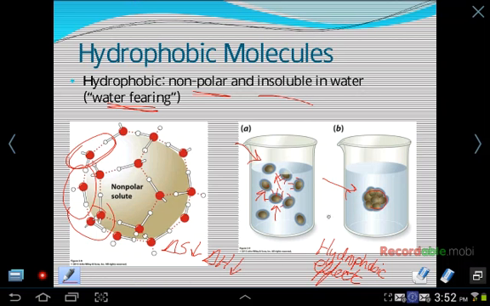So now we've increased the entropy because we've released some of these bound waters back into the bulk solution that were at these interfaces. And we've also increased our favorable interactions because now we have favorable van der Waals interactions occurring at the aggregate's surface, or in the interior of the aggregate, so to speak.